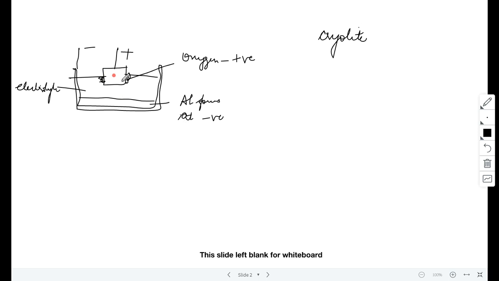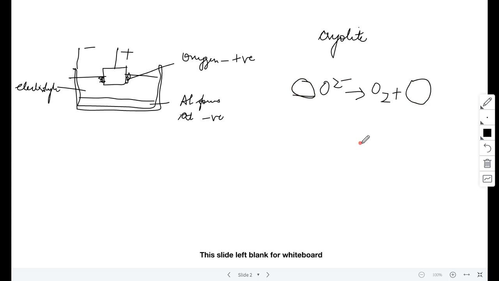The next thing is, oxygen is being made at the positive electrode. I'm going to write an equation and you're going to balance it.